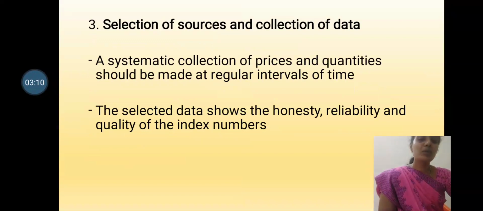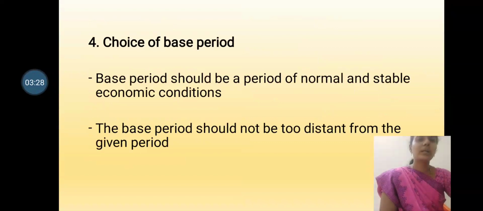Due care and utmost care must also be taken in selecting the enumerators. So here the honesty and intelligence of the enumerators will completely reflect the quality and reliability of the index number.